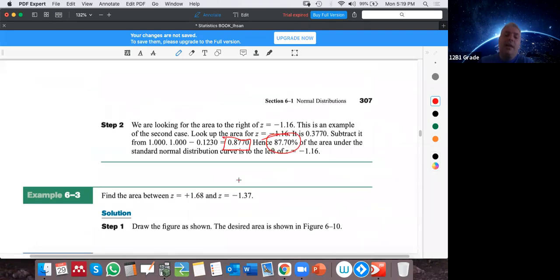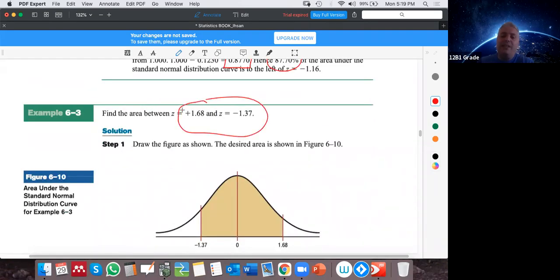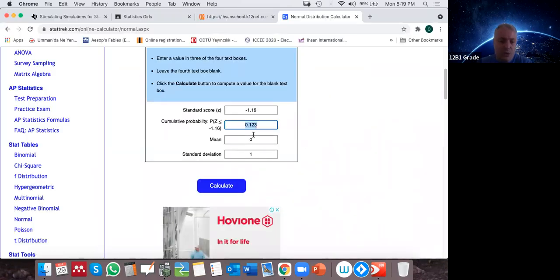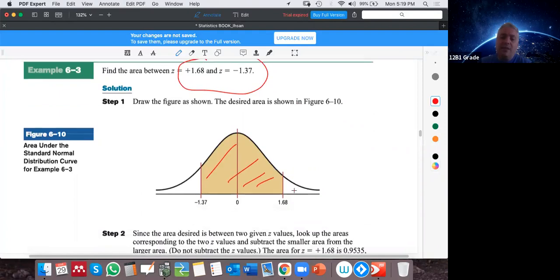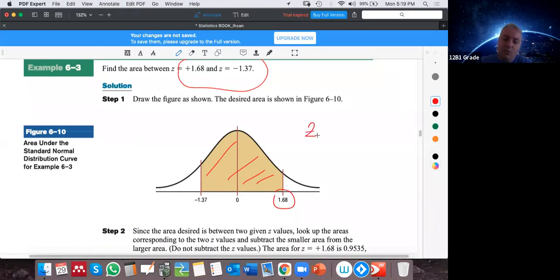Now, when we talk about between these two values, what are you going to do? I think in this calculator we can't use this, but in my calculator I can use the normal CDF. Between them means calculate the area for z of 1.68, which is all of the left side.